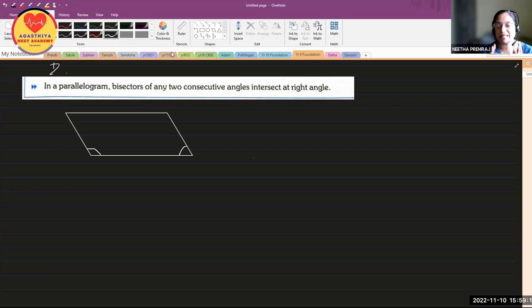Simply, bisector means it bisects the line. It cuts the line into two equal halves. Angular bisectors means the angle will be bisected. If it is 60 degree, the line will bisect it into equal angles, 30-30. So this line is called angular bisector.